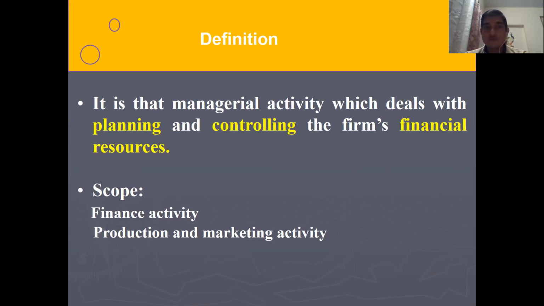Now if we look at the scope, financial management extends to all the departments, because when you procure the funds, they are utilized for purchasing the raw materials, machines, or any other facility which is used to convert the raw materials into finished products, and for marketing, or giving out a service, and again marketing that service and trying to achieve some profit.